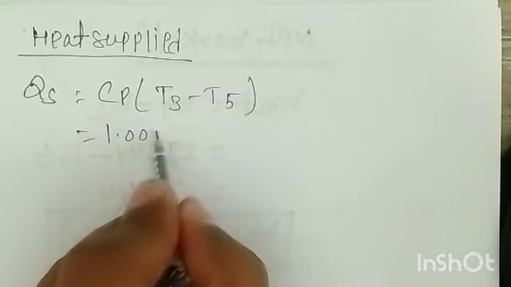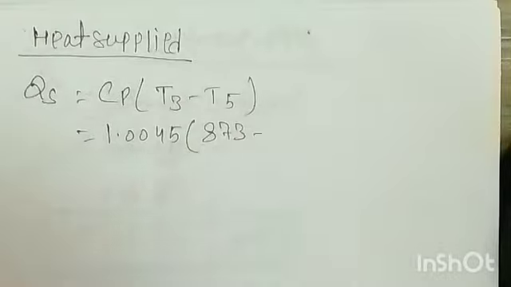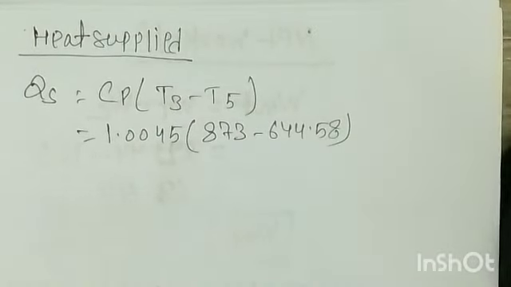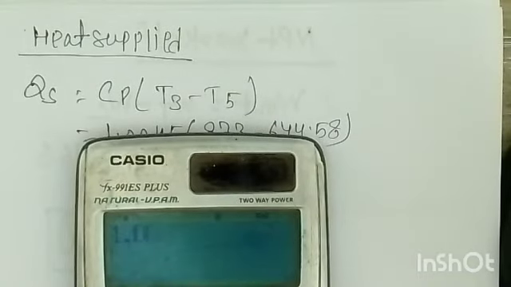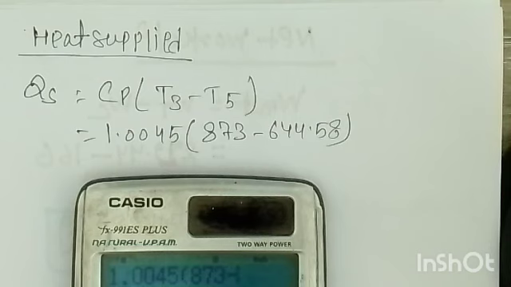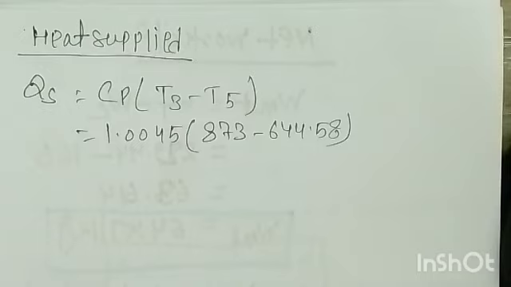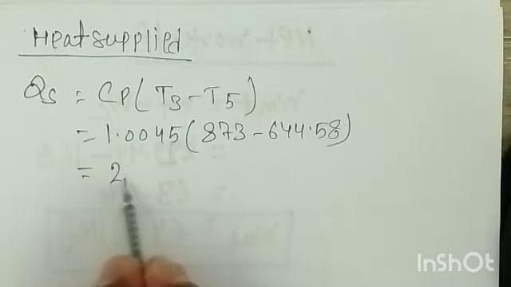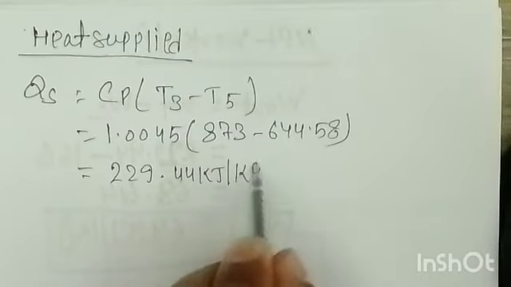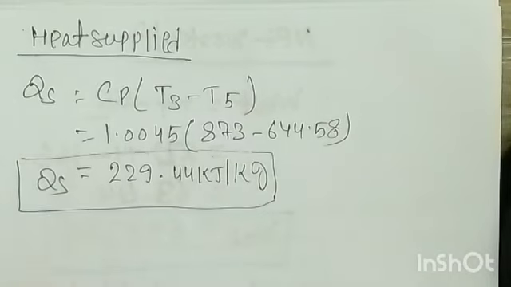So 1.0045, T3 is 873, which is given, and T5 just now we have calculated 644.58. So let me do this, otherwise again we'll make a mistake. 1.0045 into 873 minus 644.58. So yes, same, that is 229.44 kilojoule per kg. So this heat supplied you got, that is the input for perfect intercooling.